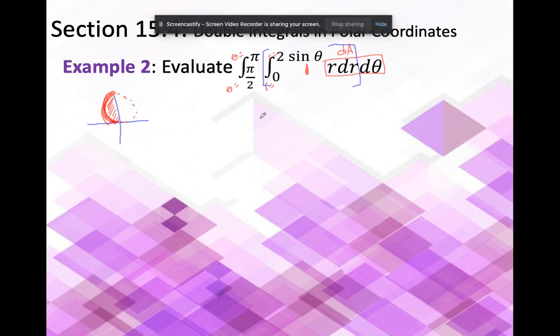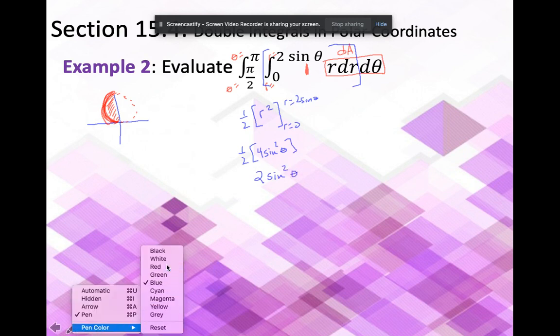This, once again, I'm going to do the inside part. And I have 1/2 r squared from r equals 0 to r equals 2 sine theta. So the 0 is nice, right? Because I'm just going to get 1/2 4 sine squared theta, which of course is just 2 sine squared theta.